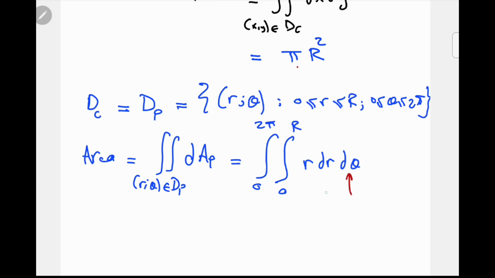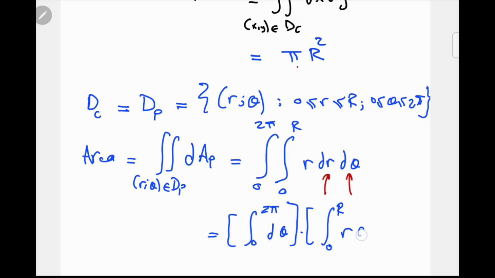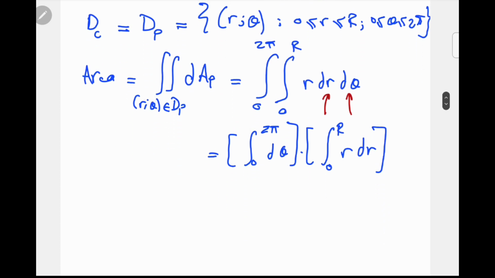Now these variables are independent. There's no correlation, so we can separate the integrals. We can say that this is equal to the integral from 0 to 2 pi of d theta times the integral from 0 to r of r dr, and that's just equal to 2 pi, and this is just r squared divided by 2, the integral from 0 to r capital.